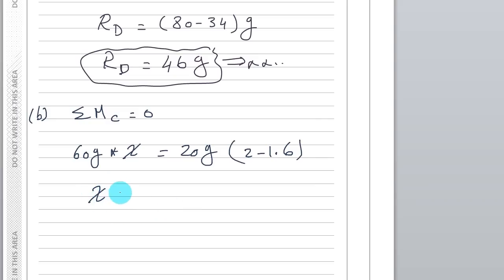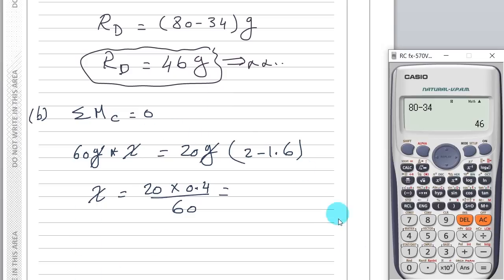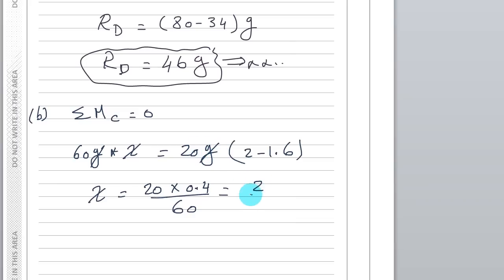So x is equal to 20 multiplied by 0.4 divided by 60. So x is equal to 20 multiplied by 0.4 divided by 60. So 2 over 15. So x is equal to 2 over 15.